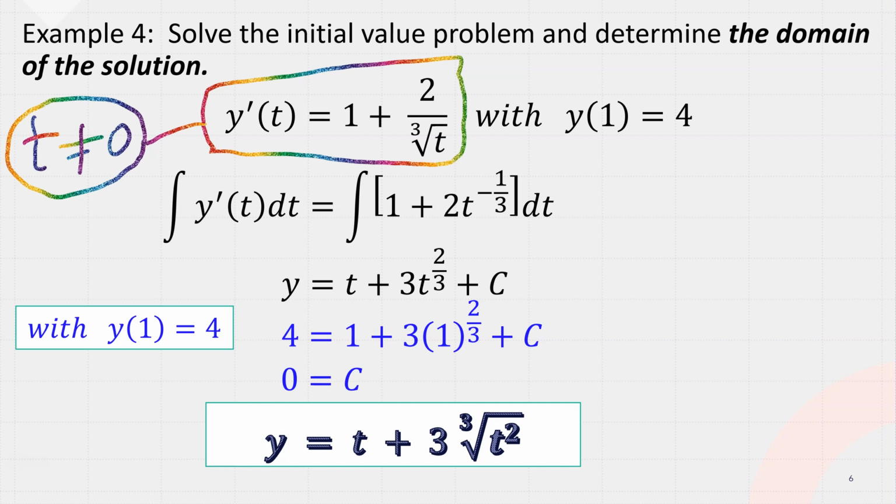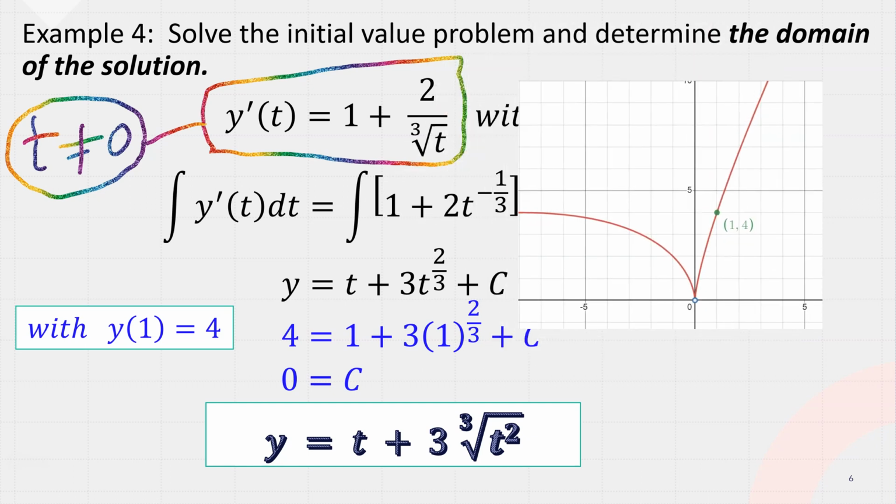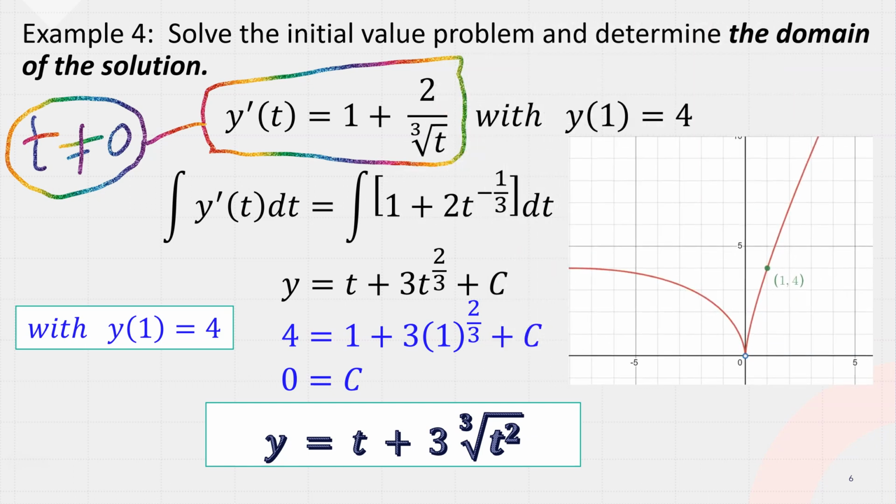Okay, now when we look at the graph of y equals t plus 3 cube root of t squared, with 0 being the cutoff point, it divides the graph into 2 segments, right? One on the left and one on the right.